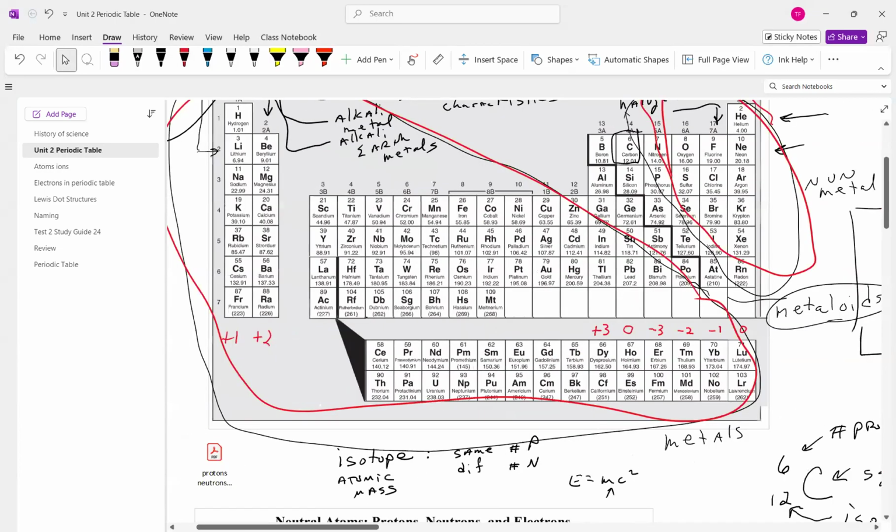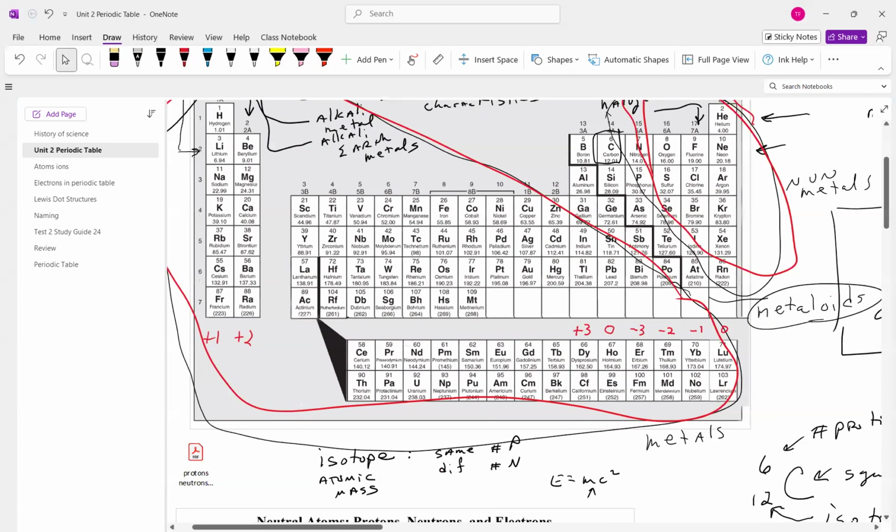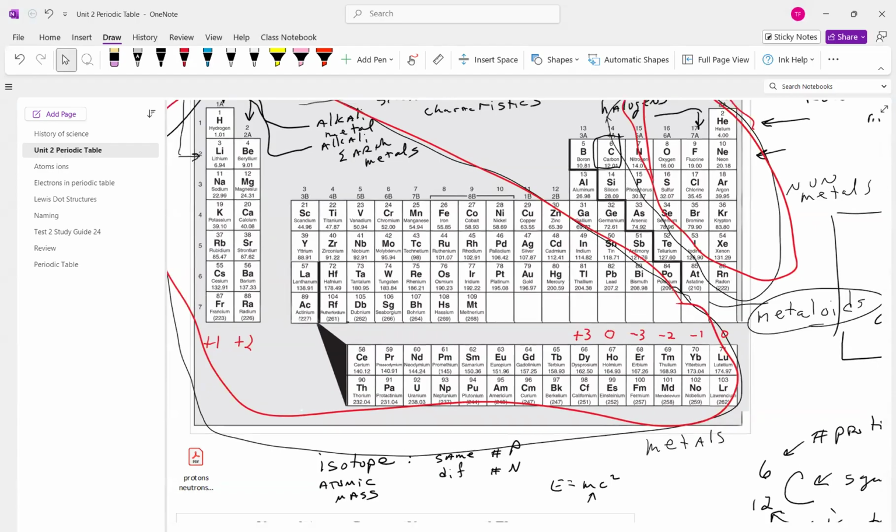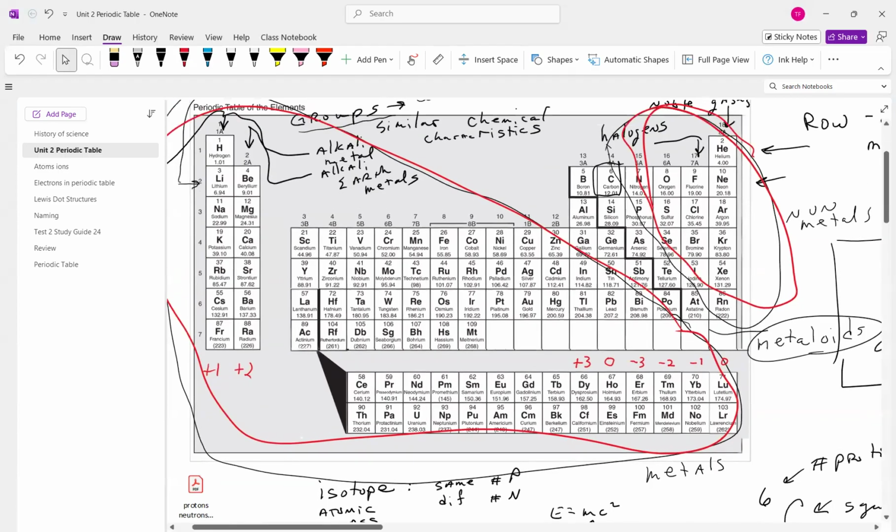Oh, one more thing. The periodicity of the periodic table has some very nice things to say. One is the charge that the elements form. In the first group, the alkali metals, they all form a charge of +1. So everything in this column number 1 forms a +1 charge.